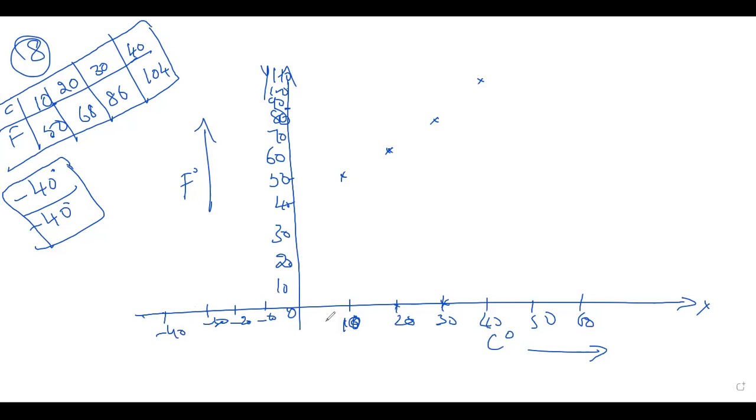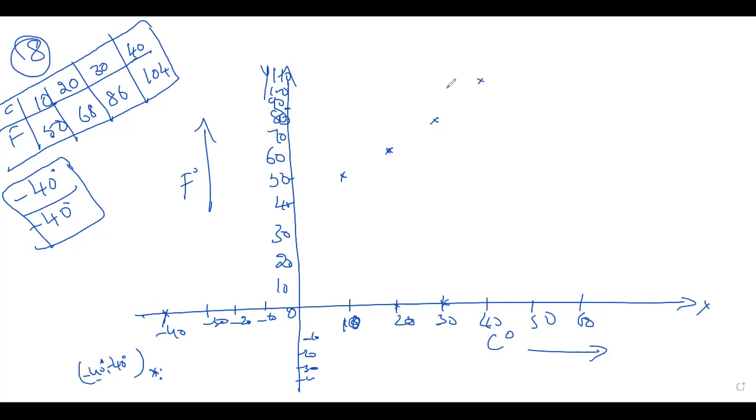Okay, minus 40, 10, 20, 30, minus 40. So minus 40 is here and minus 40. Both x and y, that is C and F, both are minus 40, minus 40.